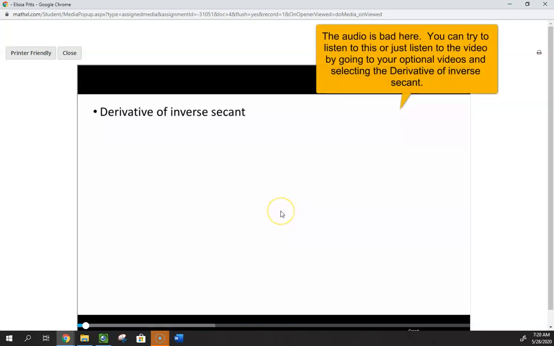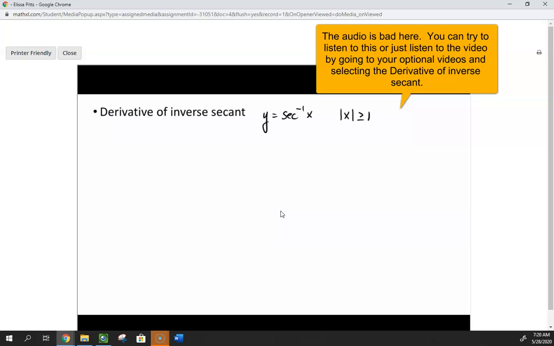The derivative of the inverse secant. So y equals the inverse secant of x. And that's valid for all x such that the absolute value of x is greater than or equal to 1, i.e. x is greater than or equal to 1, or x is less than or equal to negative 1.